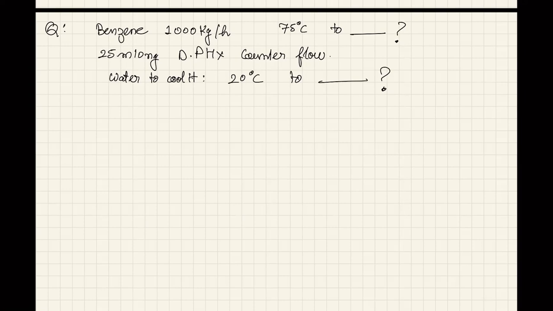What was the heat transfer area? I have given the length, 25 meters. For heat transfer area, you will require the outer diameter of the pipe, which will be 25 mm.